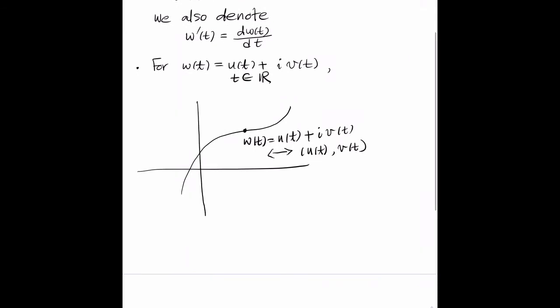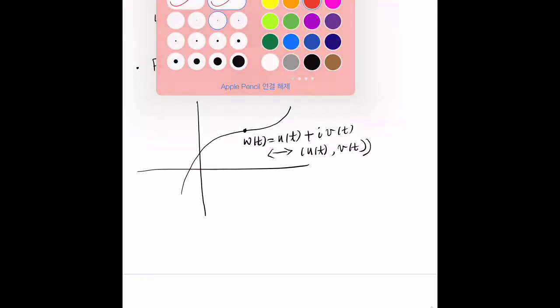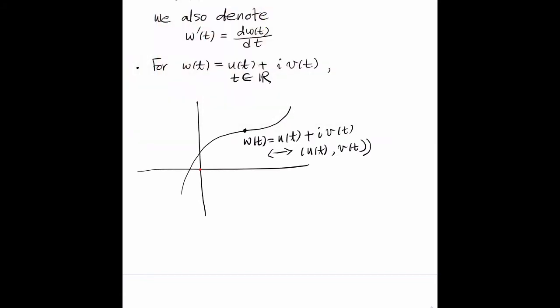So as a vector, you can identify it like this, and then you can compute the length, the distance between (0,0) and this point.